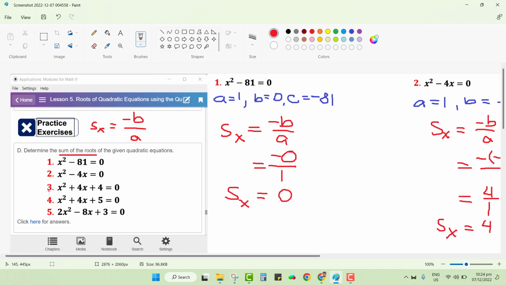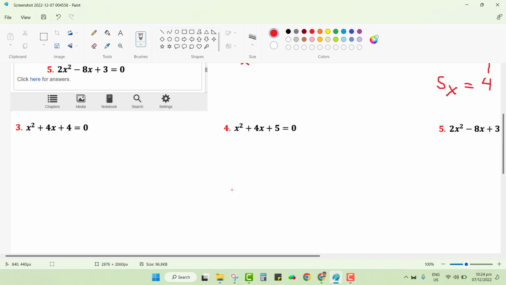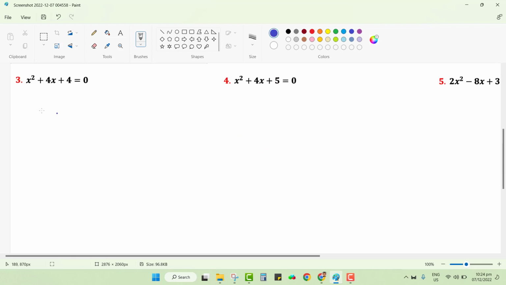And we have here 3, 4, 5, which are considered to be complete quadratic equations since they have a, b, and c coefficients. But nevertheless, you will not be using c, but let's just show this anyway. A is 1, b is 4, and c is also positive 4.